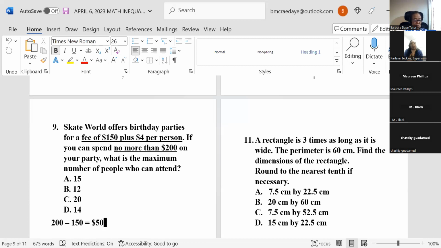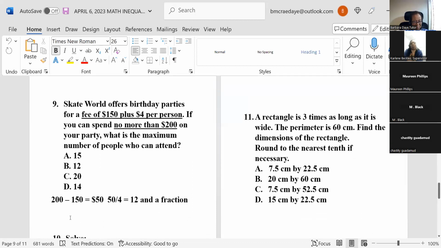Oh, 13 is too many, right? 50 divided by 4 was 12.5. What if it's a fraction? Okay. 12 and a fraction. So that means you can't buy part of a person. So it's 12 people. It's 12. Answer B.